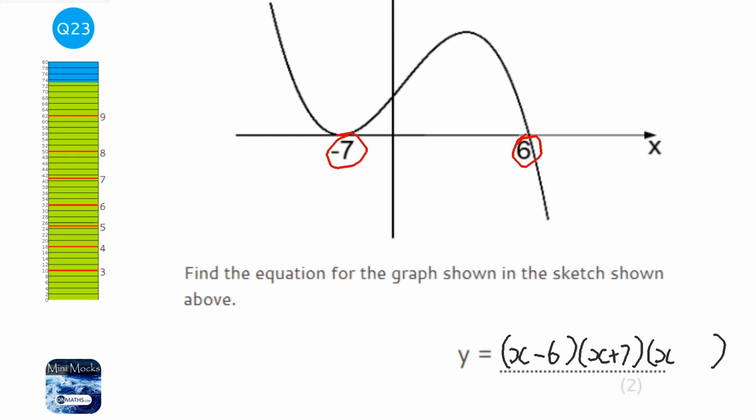But the problem we have here is we've kind of run out of solutions, and therefore the natural thing is to think, well, maybe it's a quadratic. But we can see it's not a quadratic, it is a cubic, so it needs to have 3 brackets. And not all cubics make 3 brackets, but this question will. So we've got to think, well, hang on, we actually have 2 solutions here.